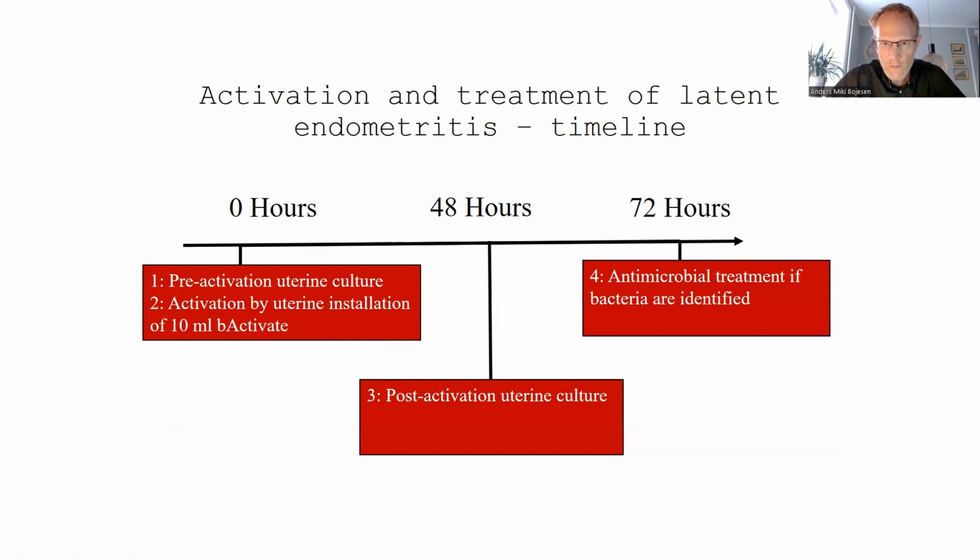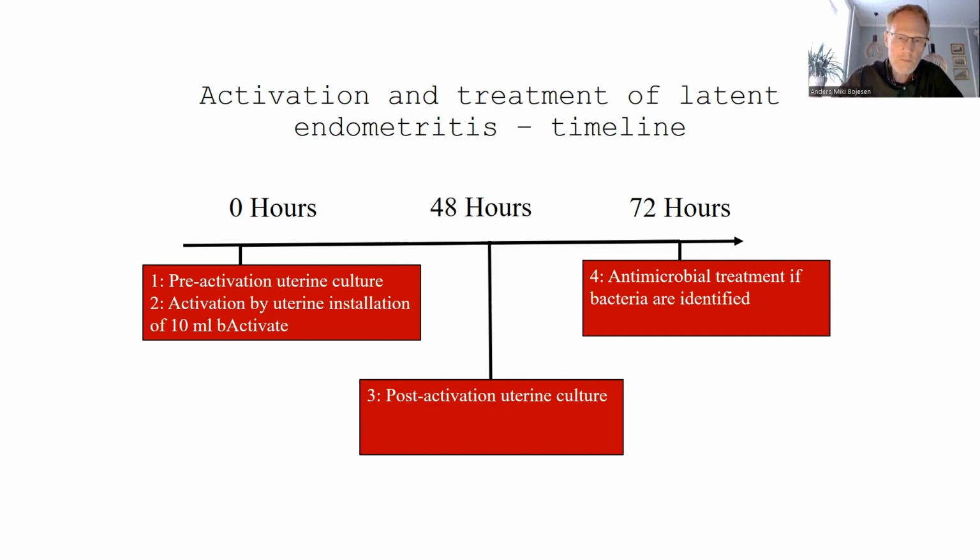What we have worked on the most is the activation, identification, and treatment of latent or dormant Streptococci. It's a very simple approach, and you don't need any other tools than you are using already. You are sampling the uterus before you add the 10 mL of Bactivate by uterine instillation, like you would treat a mare with antibiotics, for example.